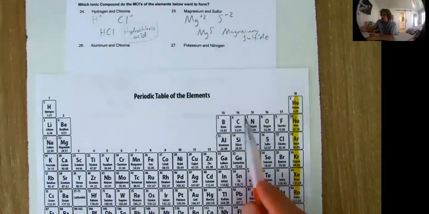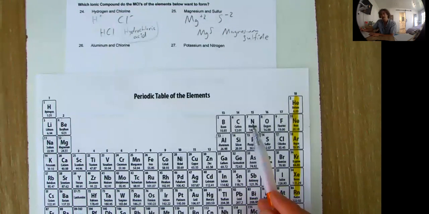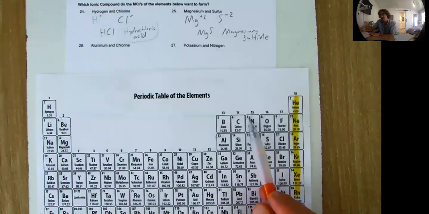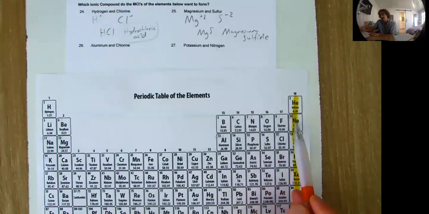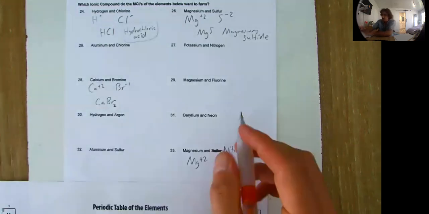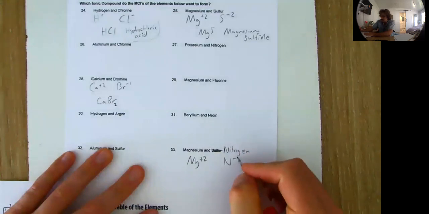Nitrogen is located right here. When nitrogen becomes an ion, it wants to have the same amount of electrons as the closest noble gas. So it gains 1, 2, and 3. So it has 7 protons in the nucleus, 7 positive charges, but it gains 3 electrons, which are negative charges. So with 7 positives and 10 negatives, that's a -3 charge. So each nitrogen has a -3 charge.